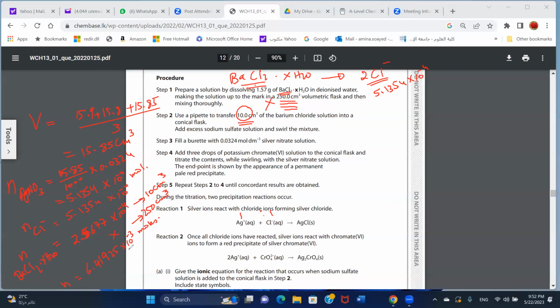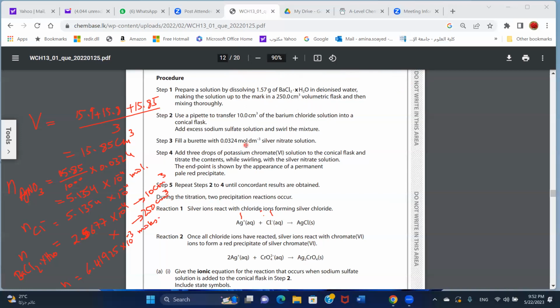I understand this. But we don't want only the number of moles. They said we have to find out the X, which is the number of moles of water. So what are we going to do? We're going to subtract the mass that we got from the total mass.